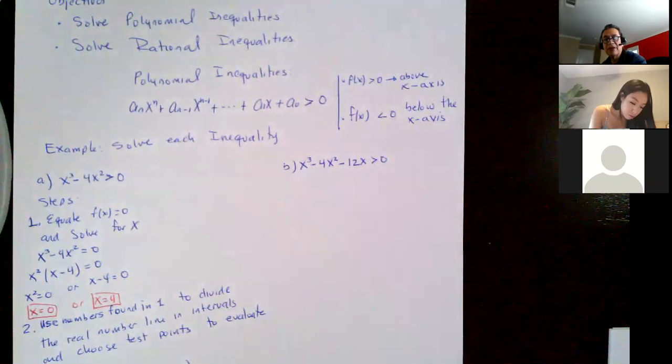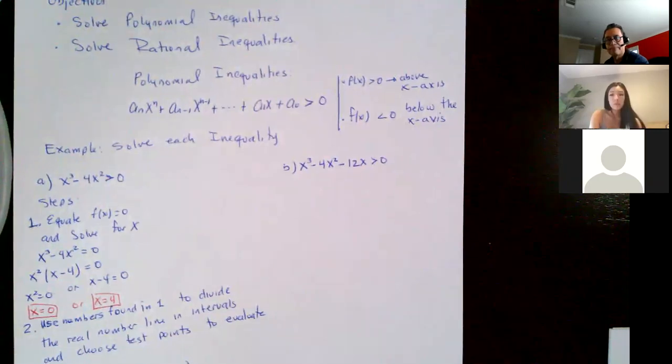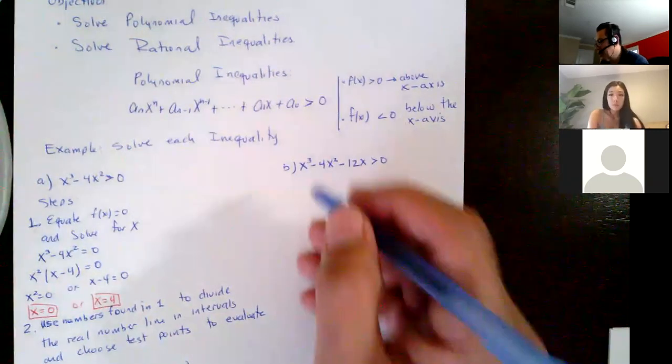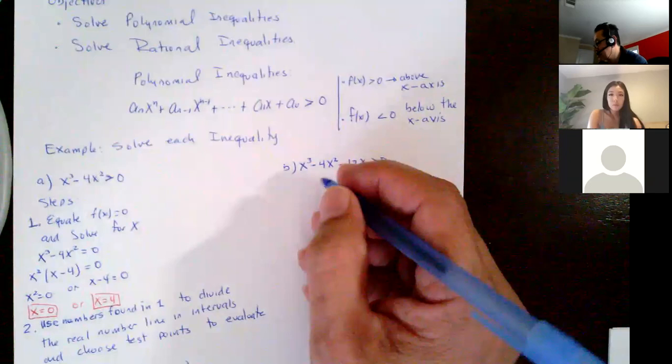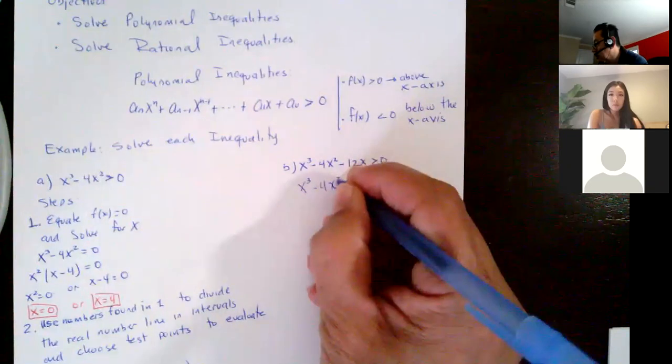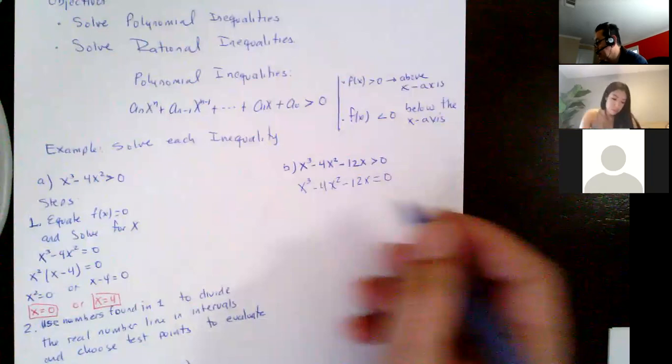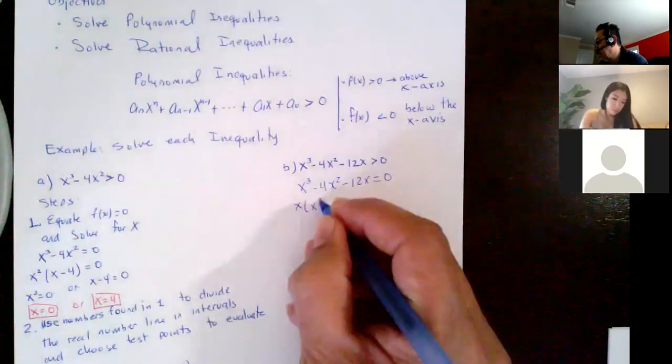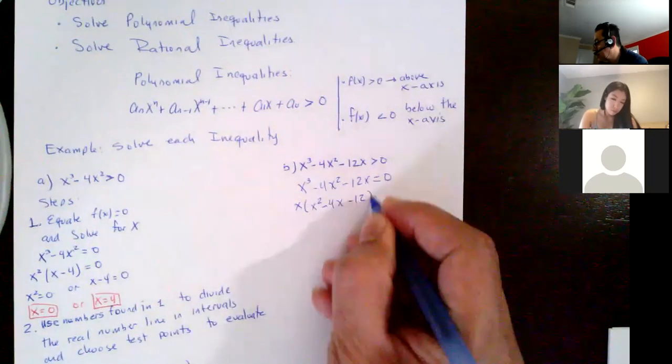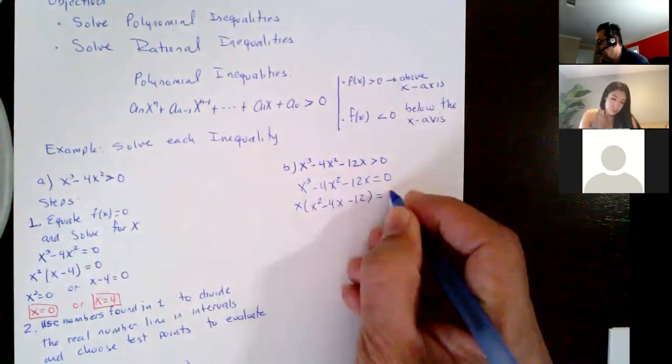Notice that you can factor out the x, by the way, right? So first thing that I'm gonna do is equate it to 0. And then I'm gonna factor the x, and I'm left with x squared minus 4x minus 12, and that would be equal to 0.